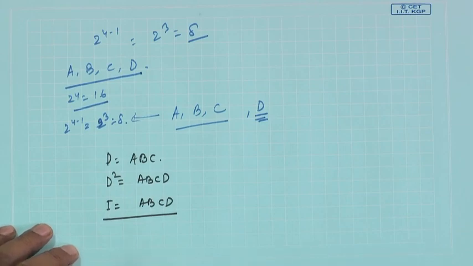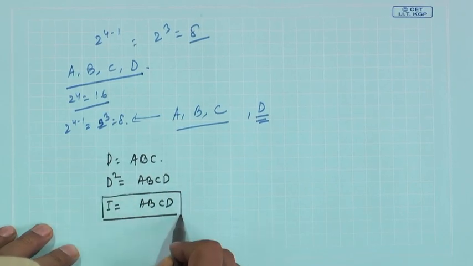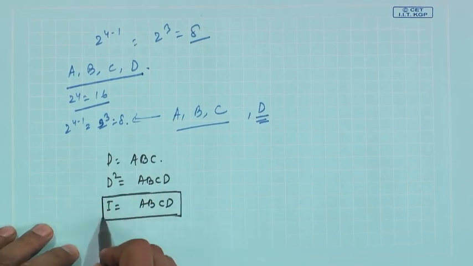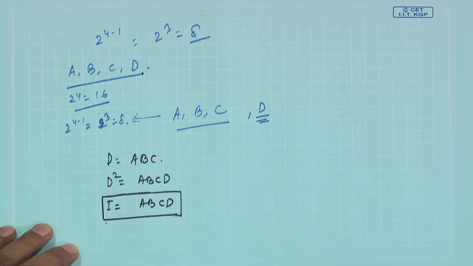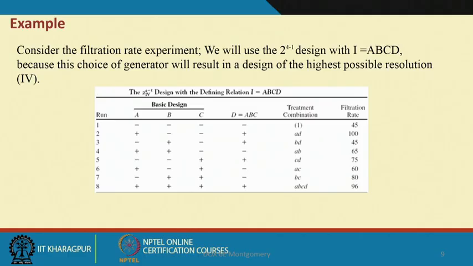So, I equal to ABCD, this is the relation. Now it is possible, suppose you multiply all the columns here, 1 minus minus, you will find that if you multiply A, B, C and D, you will get I, meaning all positives.